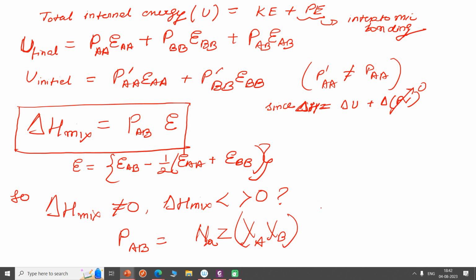So where MA is equal to atoms per mole, and C is equal to number of bonds. So this is the total number of bonds in the system, right? So chi A, chi B, we will put in this line.